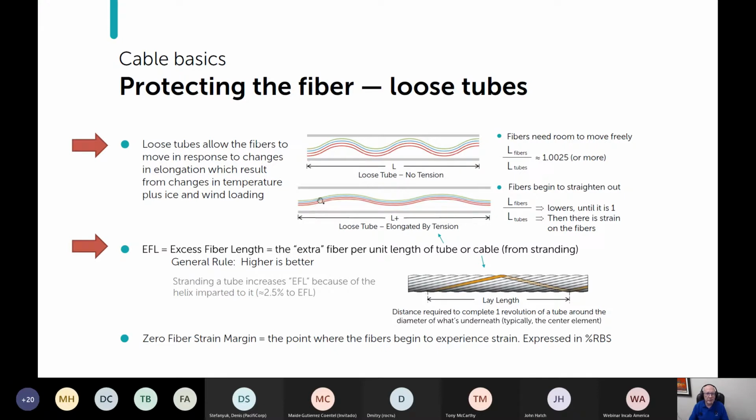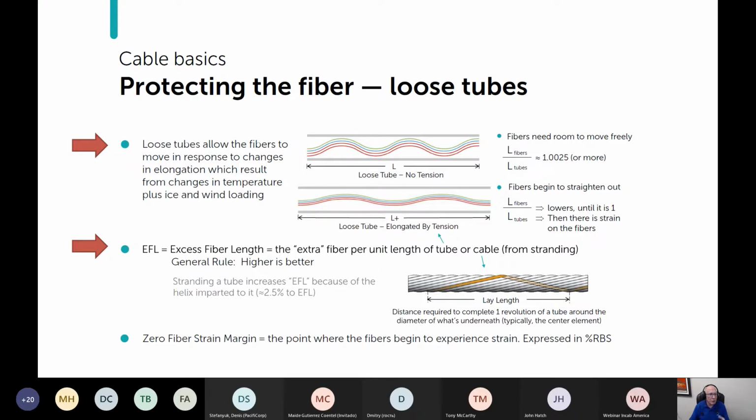These days, we're regularly doing 144, 288. We've even done some 432, and there are even higher counts in use in the world today. So fiber counts have gone up in the tube, and then it runs into a practical problem in the field, and that's how the splicing techs distinguish one fiber from another.